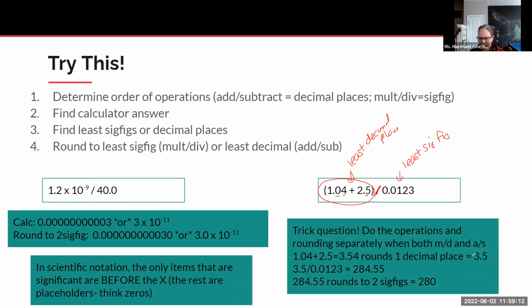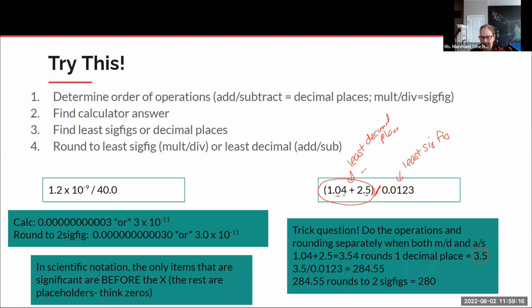And that gives us 3.5. So 3.5 is our numerator, and now we divide it by 0.0123, and that gives us 284.55. And now, what's my least sig figs? I have 2 sig figs in 3.5, and 3 sig figs in 1.23. So we're going to round it to 2 sig figs for our answer.